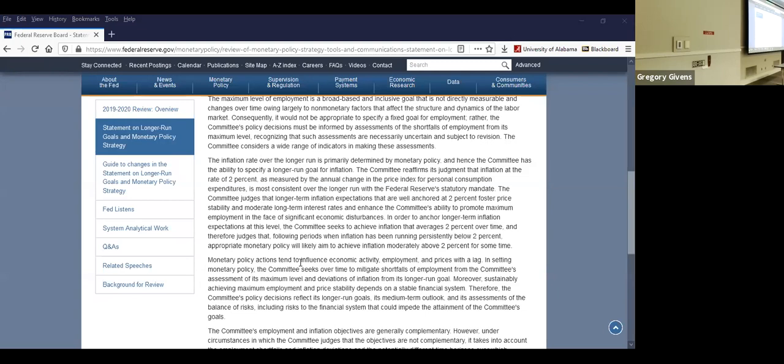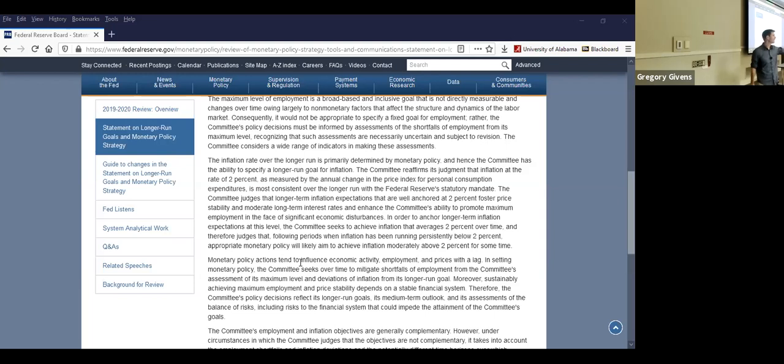The committee reaffirms its judgment that inflation at a rate of 2%, as measured by the annual change in the price index for personal consumption expenditures, is most consistent over the longer run with the Federal Reserve's statutory mandate. The committee judges that longer-term inflation expectations are well anchored at 2%, foster price stability and moderate long-term interest rates, et cetera, et cetera.